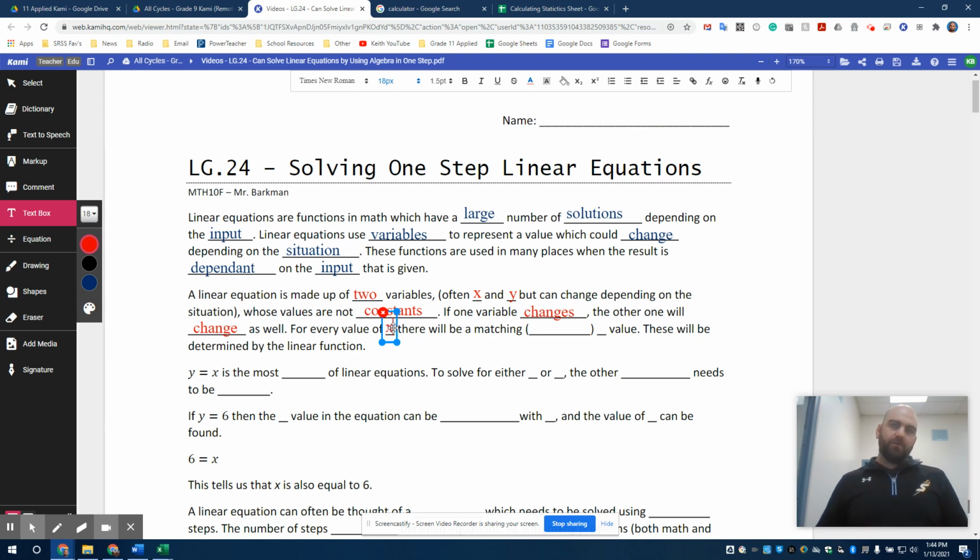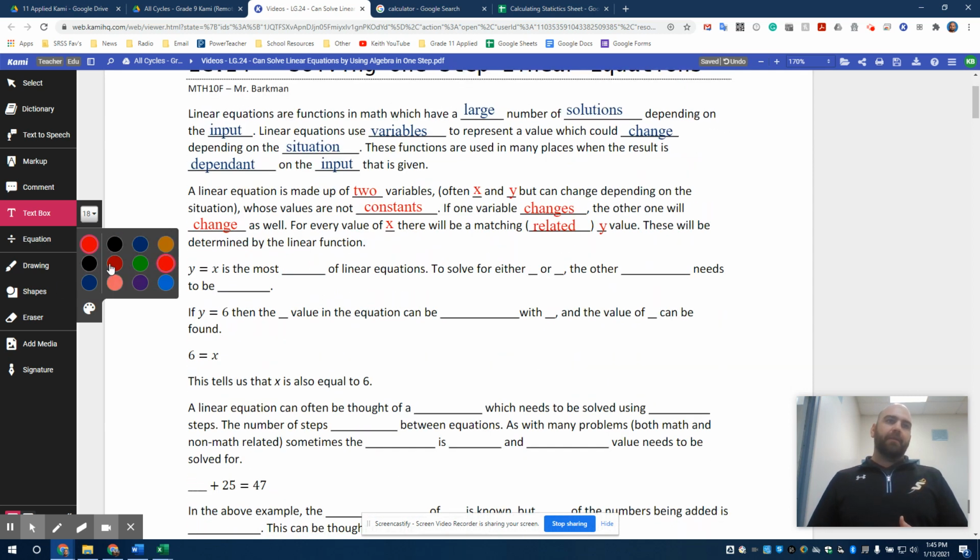For every value of x, there's going to be a matching, or related, y value. These will be determined by the linear function or by the linear equation that we are given.